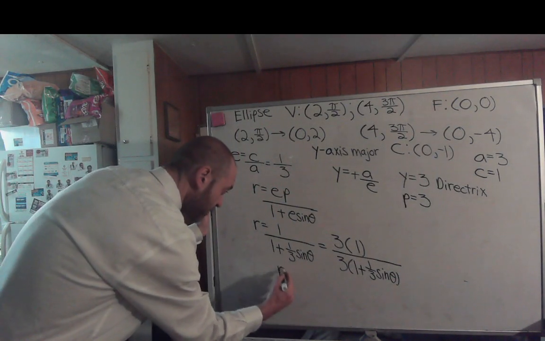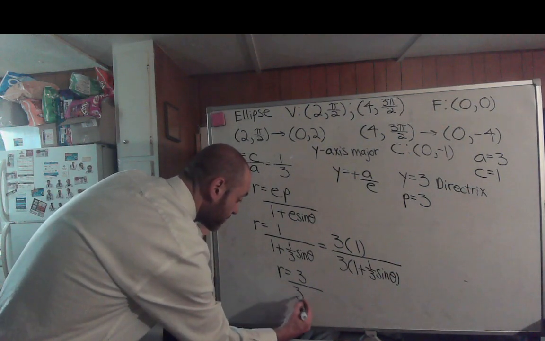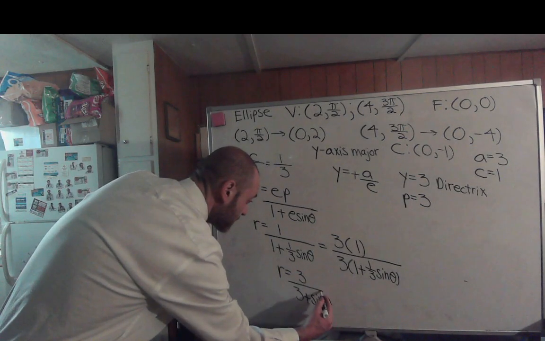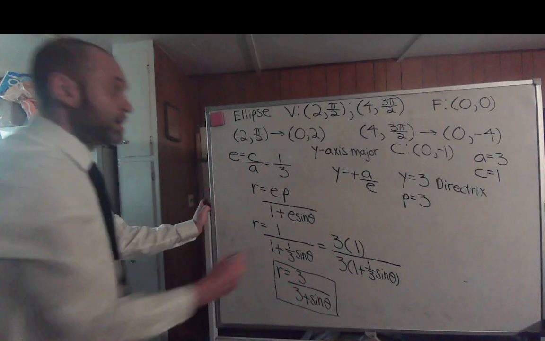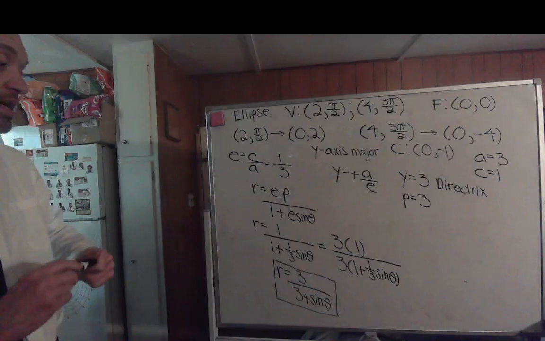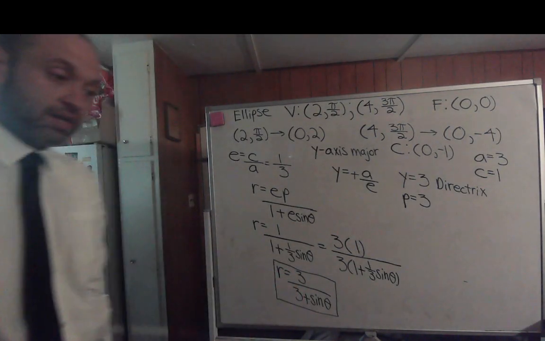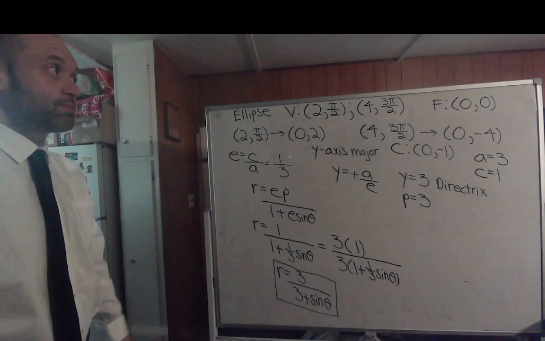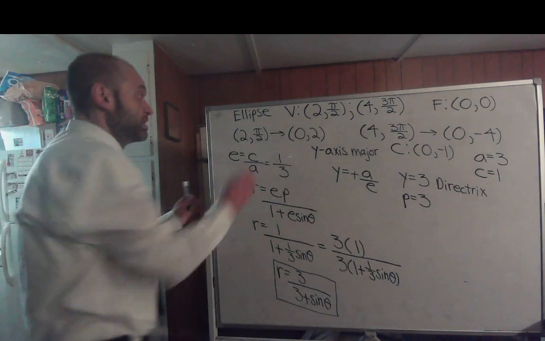So for your final answer, R should equal 3 all over 3 plus sine of theta. So you'll end up getting that R equals 3 all over 3 plus sine of theta for the polar form of this equation. Alright, now we got a couple hyperbolas, then we'll be done with the lesson.